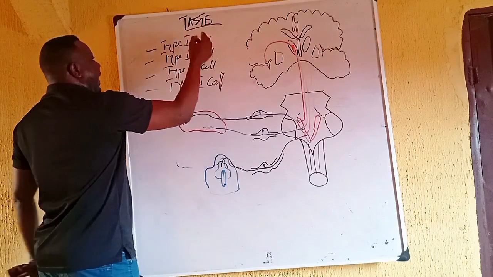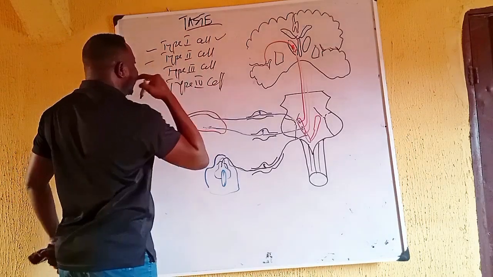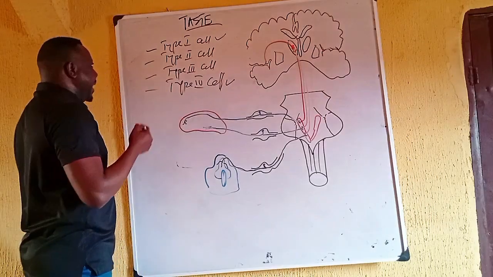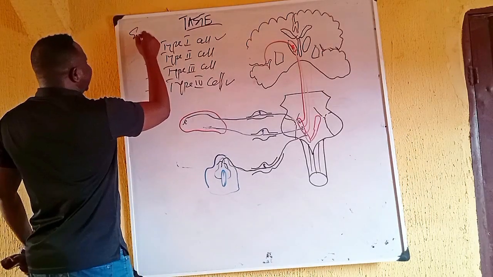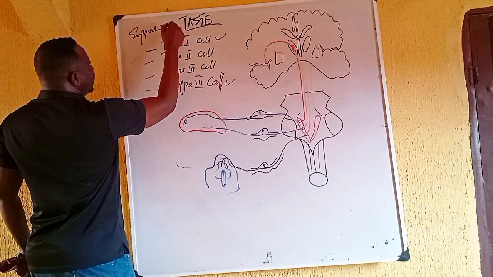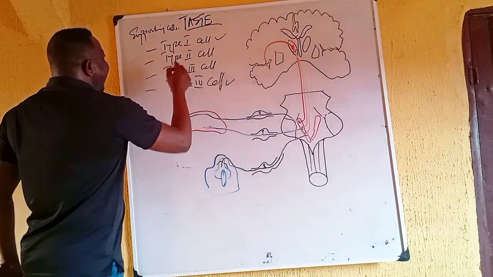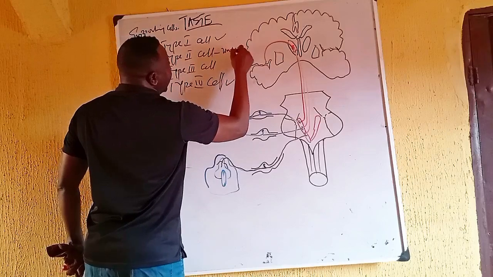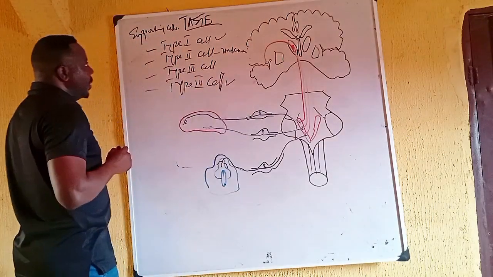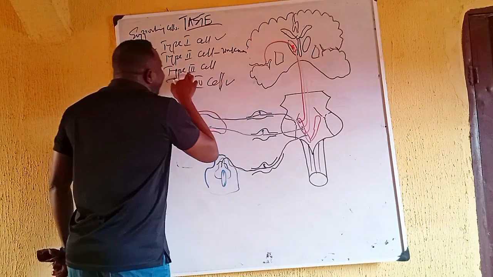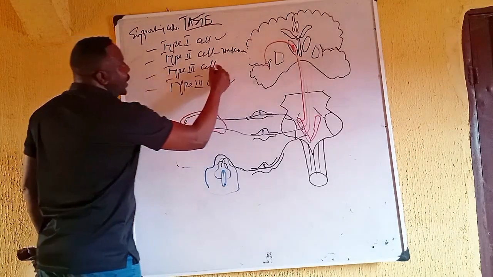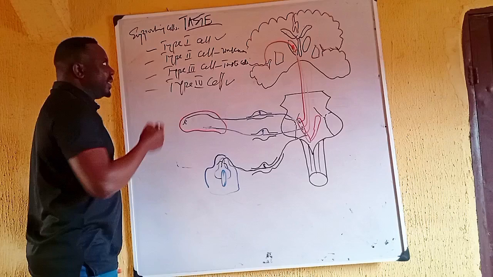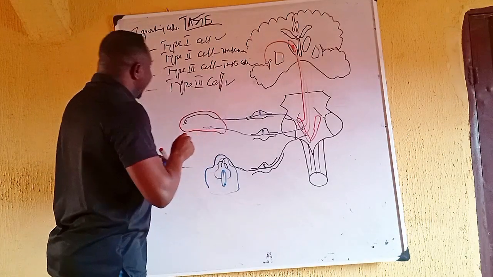The type 1 cell and the type 4 cell are known as supporting cells. And then the function of type 2 cell is unknown. But the type 3 cells are actually known as the taste cells. They are responsible for transmitting taste impulses.